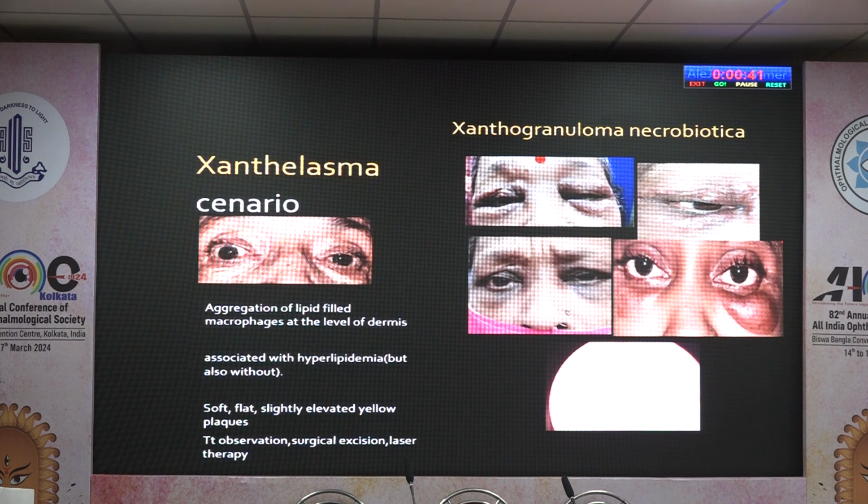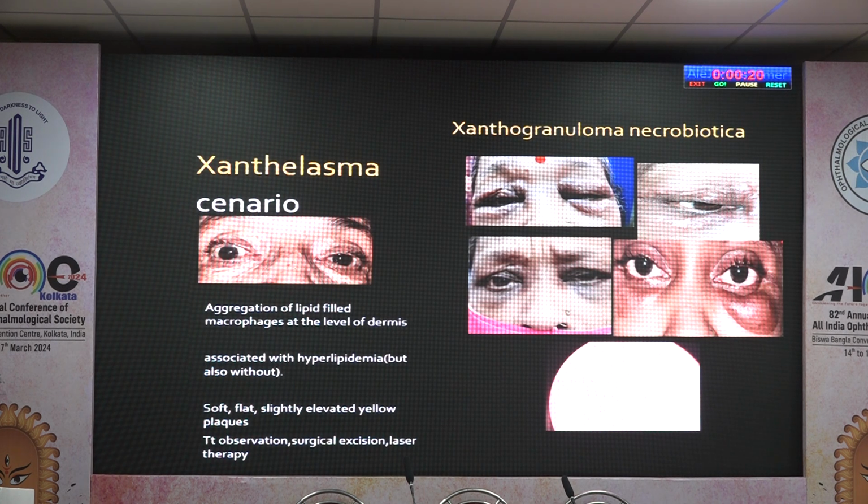What are these lesions? The histopathology from this one came as only necrosis. No Touton cells were found.